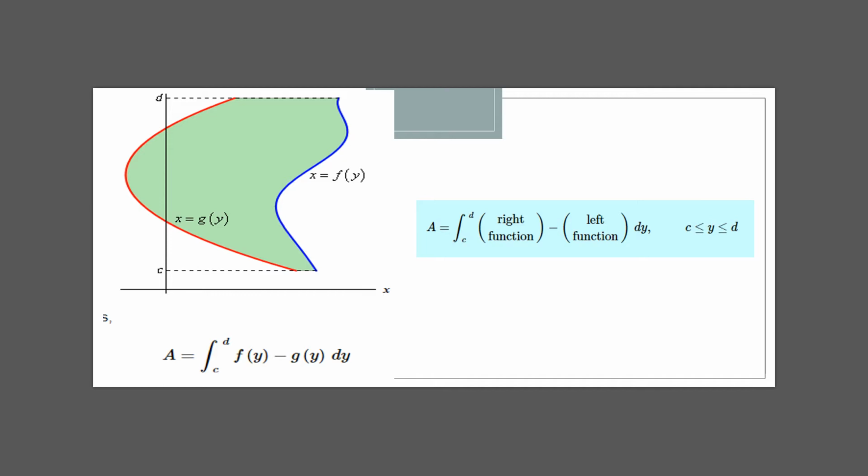The blue one is f of y minus g of y dy. So when we write f of y minus g of y, it means that there is a parenthesis here, even if the parenthesis is missing. Remember that it is from c to d of f of y minus g of y, this whole function, which is the difference function with respect to y.